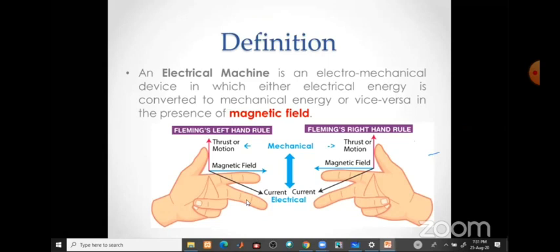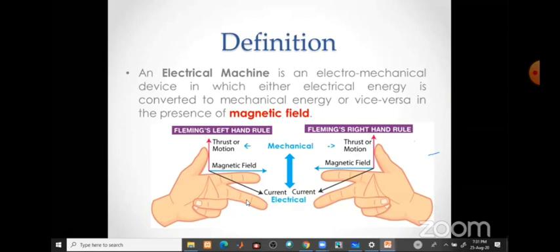That means we can create 3 axes which are perpendicular to each other. Okay. Now, magnetic field, current, and the thrust or motion have this type of relation.